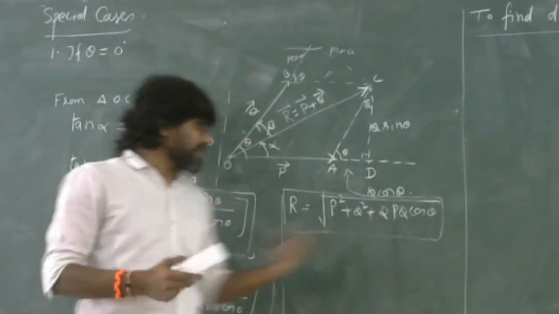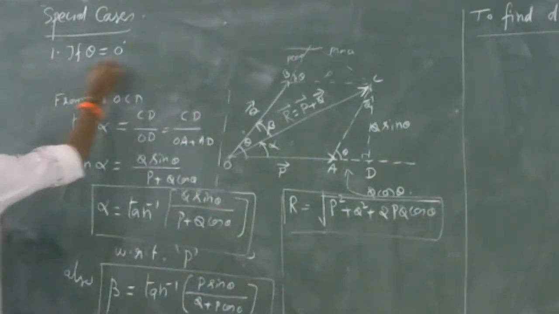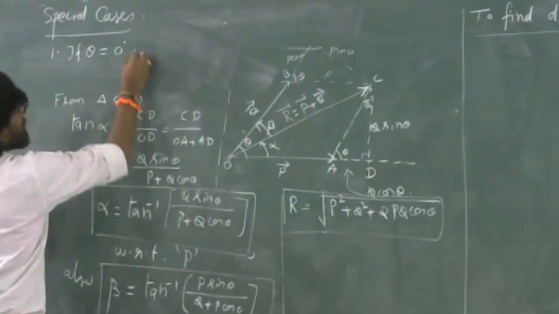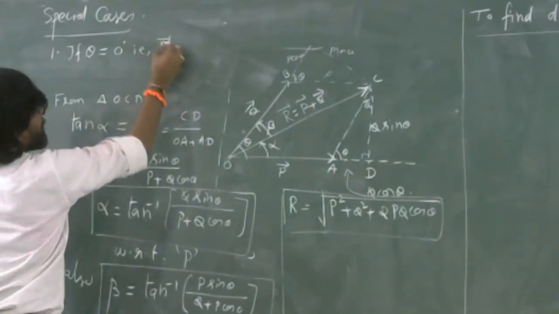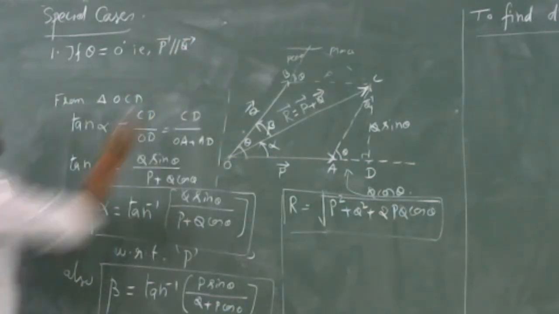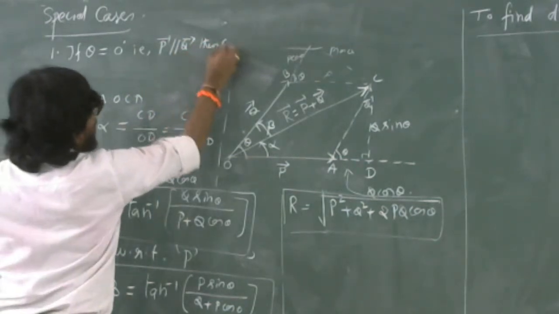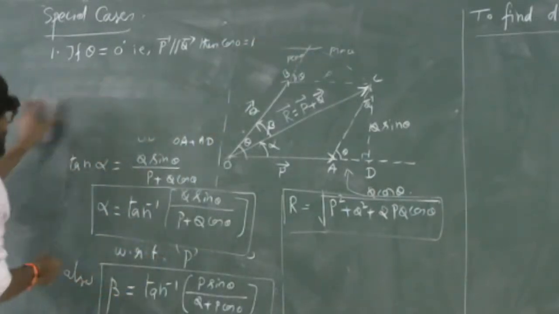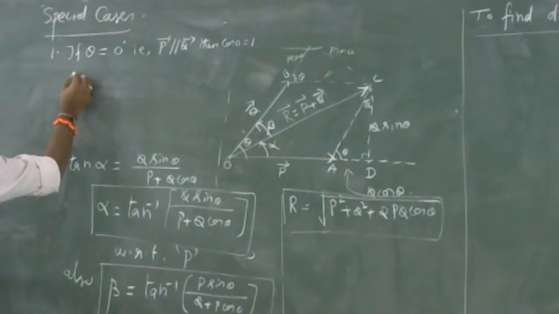So when theta is 0, that means the two vectors will be parallel. That is, the P vector will be parallel to the Q vector. Then cos 0 will be equal to 1. Then the magnitude of the resultant vector, what is that?